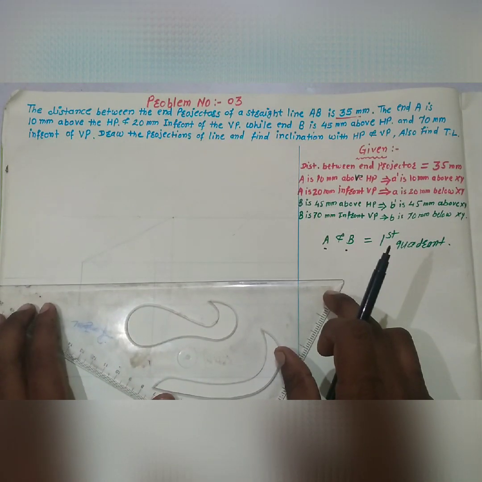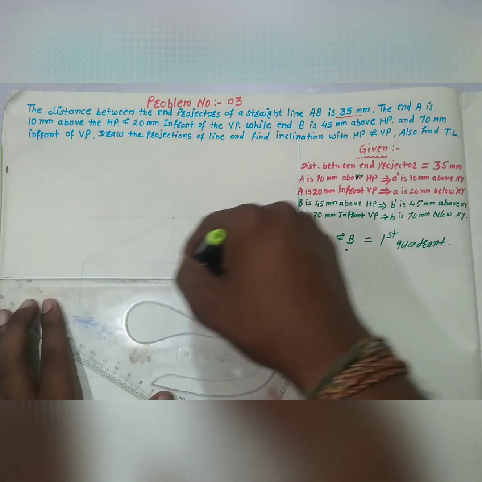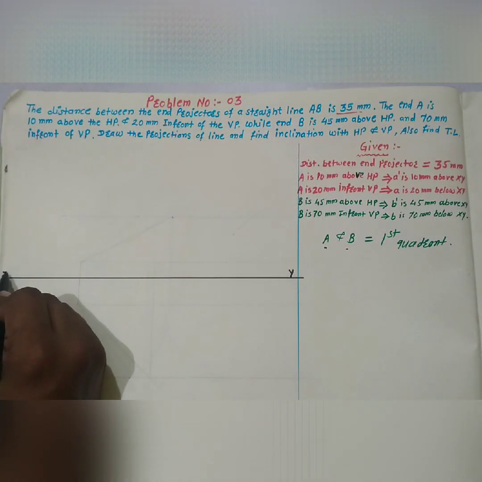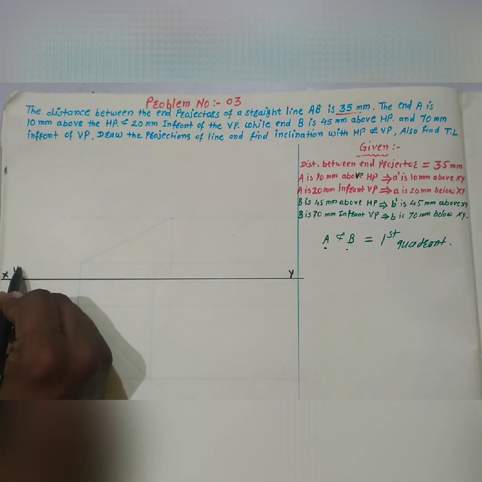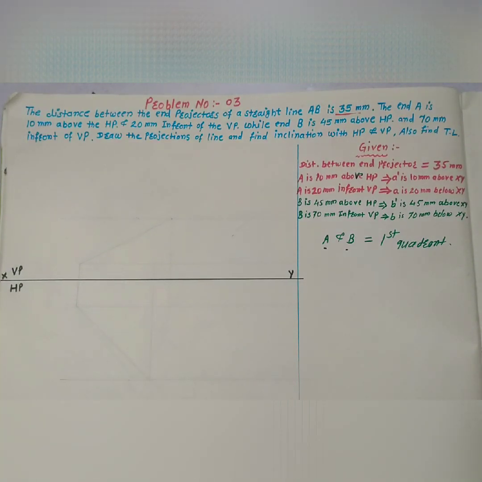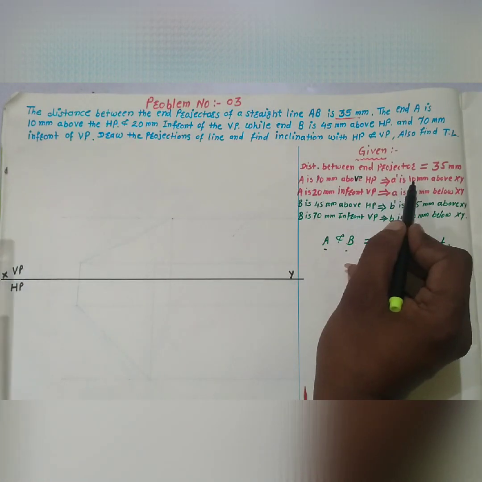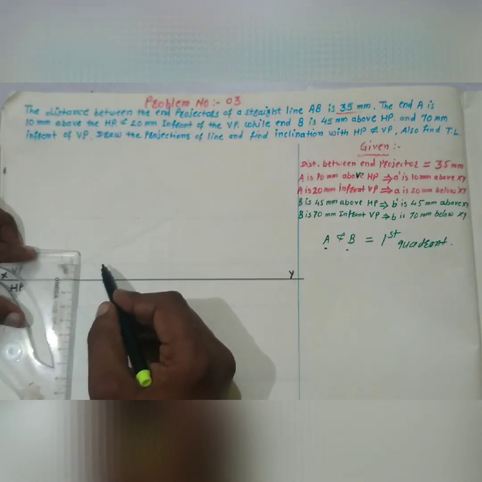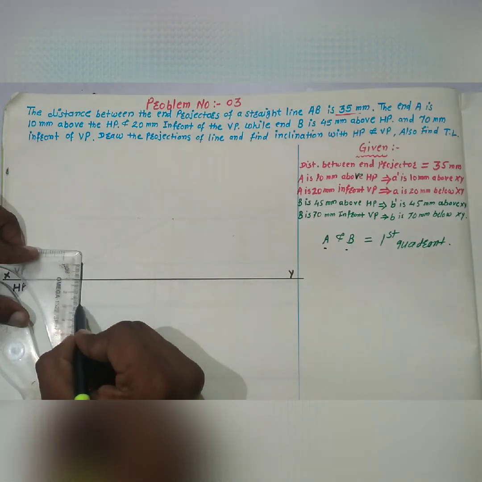First of all, draw the XY line. This is Y and this is X. Both points lie in the first quadrant, that's why VP is above the XY line and HP is just below the XY line. Now we locate A dash and A. It is 10 mm above and 20 mm below, so I am taking 10 mm above and 20 mm below.